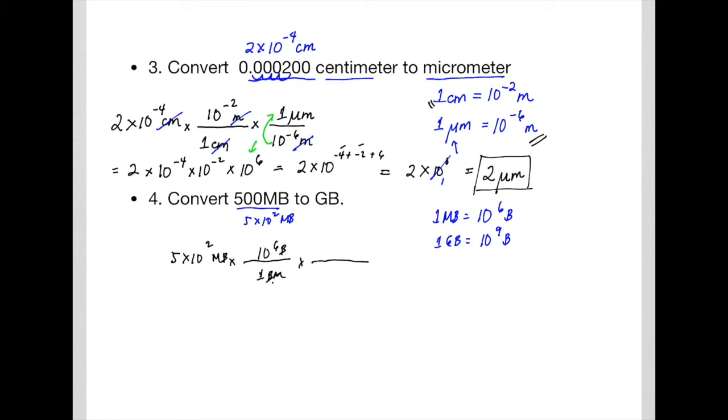Sorry, this is MB. Cancel the unit, and then we have here the 1 gigabyte. So we could write here 10 raised to 9 bytes, that is 1 gigabyte.